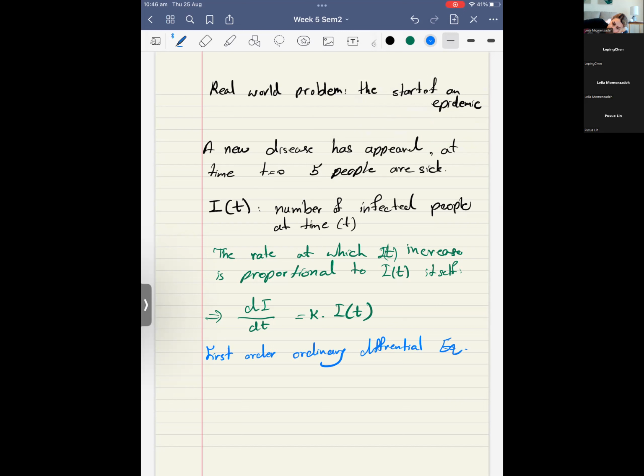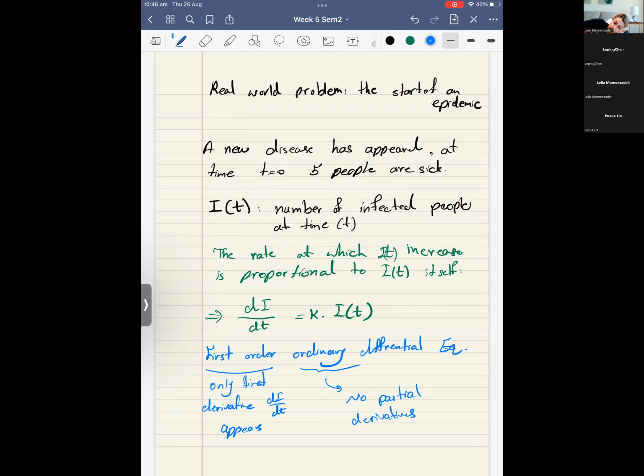First order means only the first derivative dI over dt appears, and ordinary means no partial derivatives.